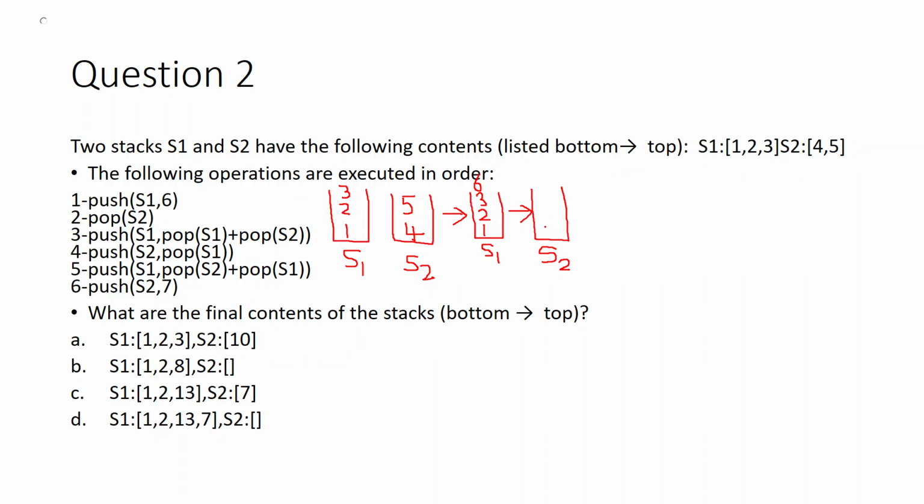So after pop S2, the content of S2 is 4. 5 gets removed. The next, third operation, is a sequence of operations. First we need to pop S1, that is 6. Then pop S2, 4. We need to add these two elements. We get 10.